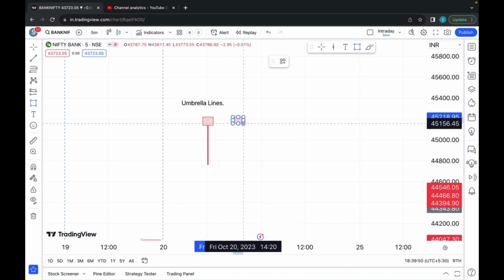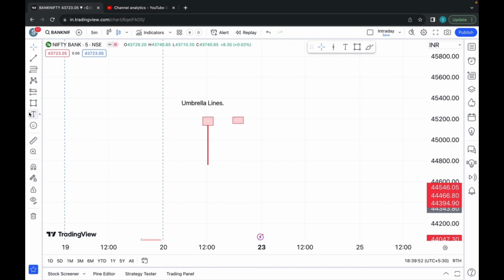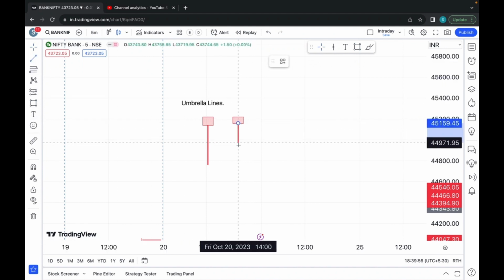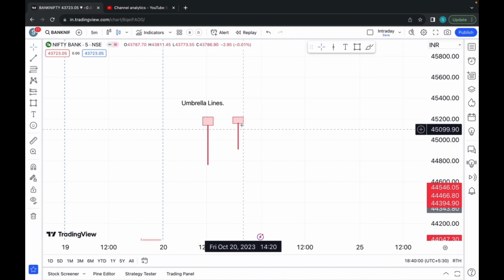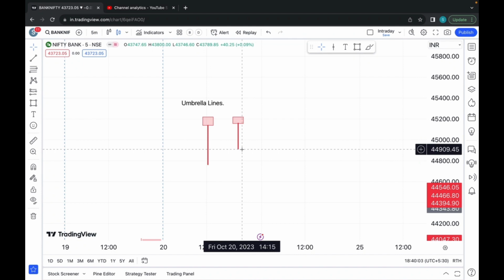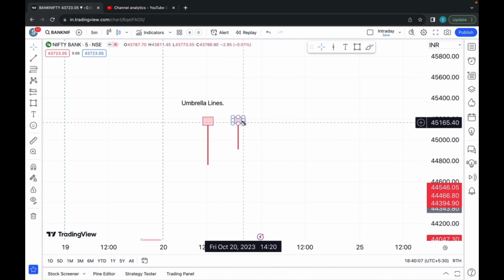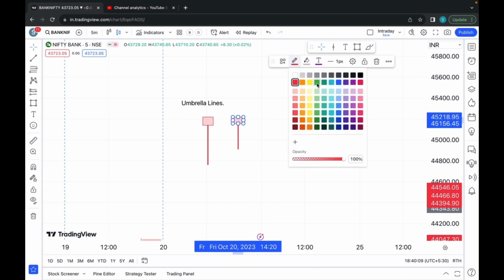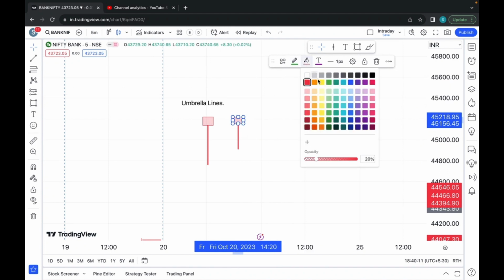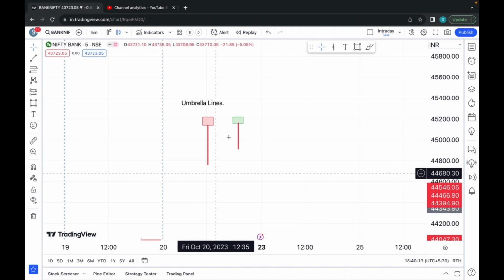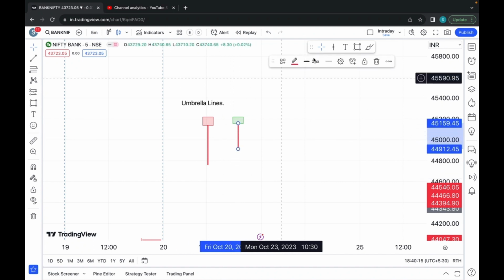All you need is any candle which has a long wick towards the bottom, and its open and close towards the uppermost part of the candle. It can be red, it can be green, it doesn't matter.